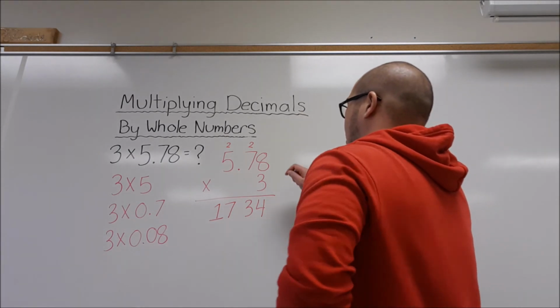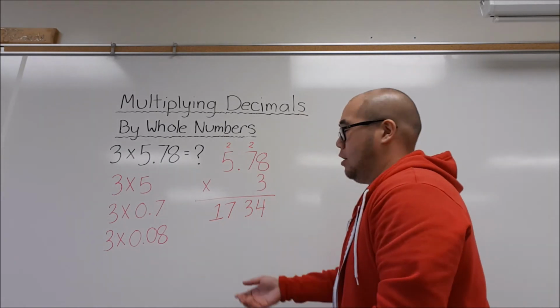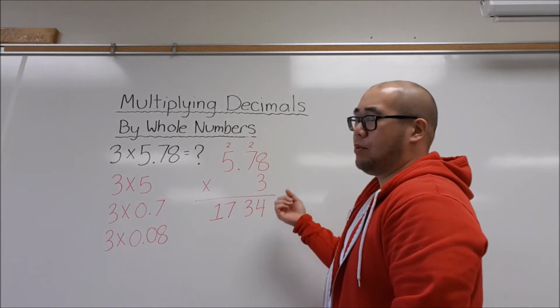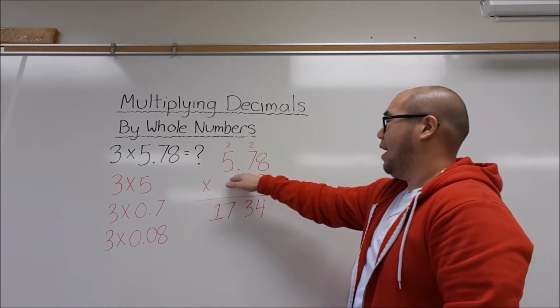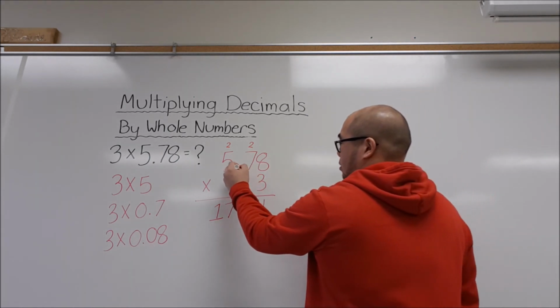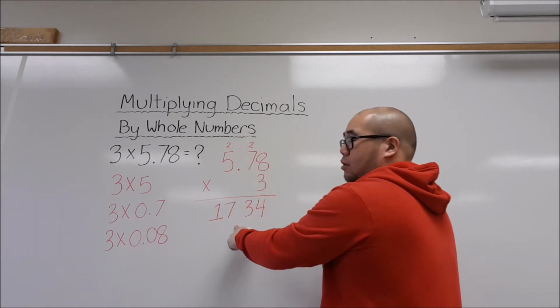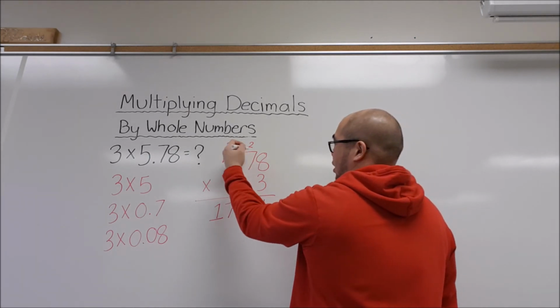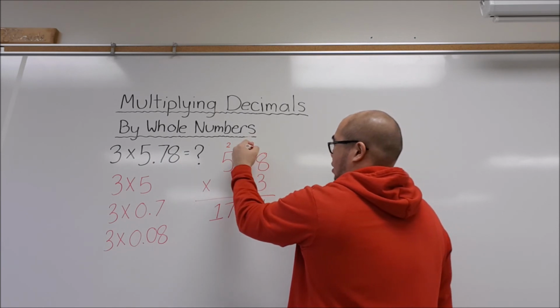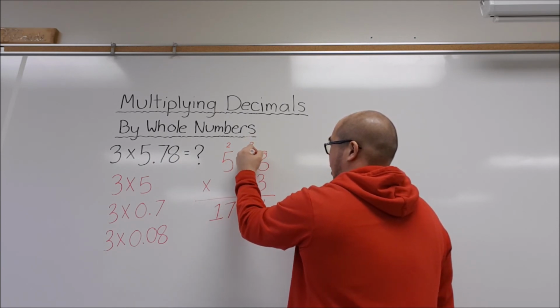Now, if I were to not have the decimal place there, this would be the correct answer. Again, 1,734 would be the correct answer if I was multiplying 578 by 3. But since there's a decimal place there, we need to make sure we include that down here. Again, we need to take a look. How many numbers are after the decimal place? We have a 7 and we have an 8.